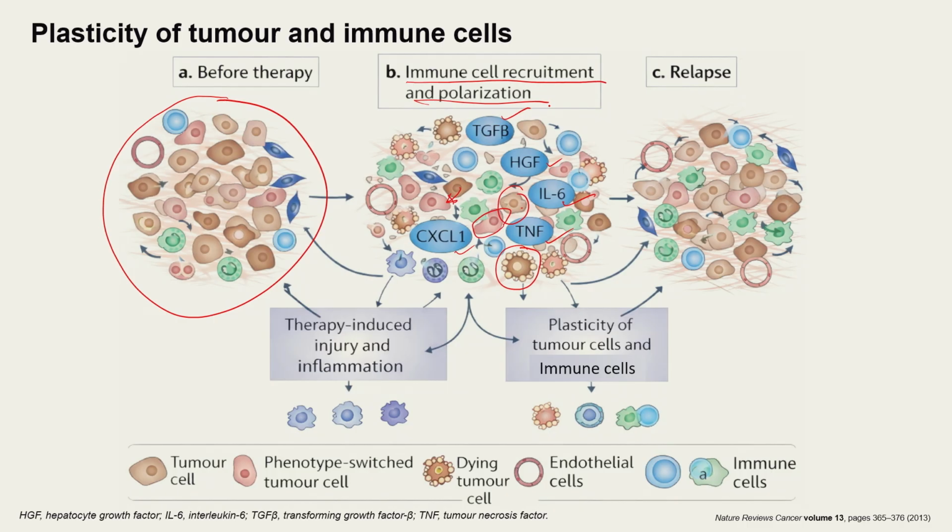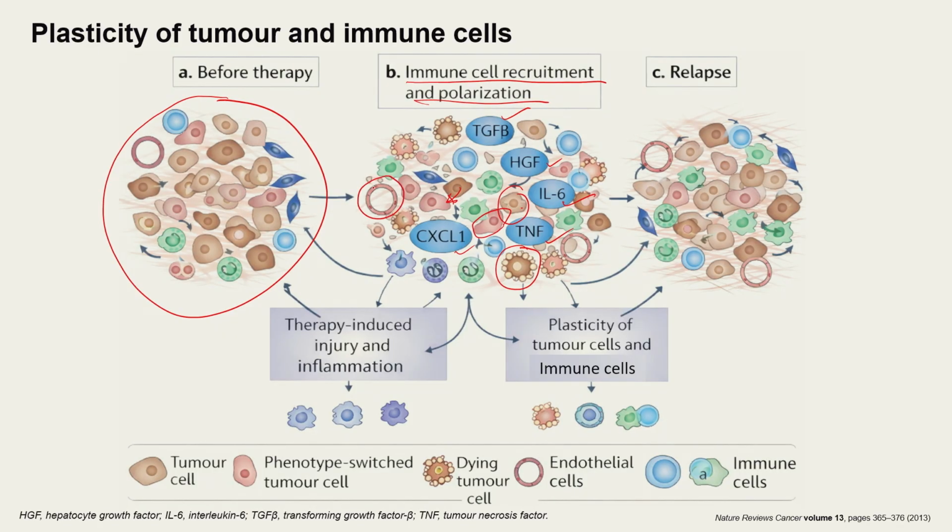So when we have a tumor cell, the tumor environment is very, very different. There could be a specific endothelial cell area where the blood cells are present, and once there is a treatment, the cell type and its phenotype can be changed based on the cytokines secreted by the immune cells.